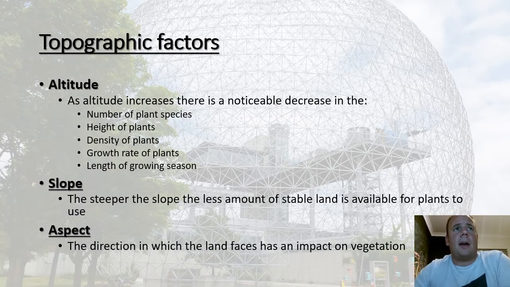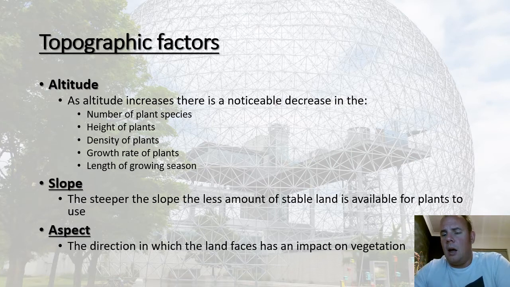Next is topographic factors. Now we've got altitude, which is the height above sea level. As we know, as we go up in altitude, the temperature decreases, and that's called a lapse rate. As altitude increases, there's a notable decrease in the number of plant species, the height of plants, density of plants, growth rate of plants, and length of growing season.